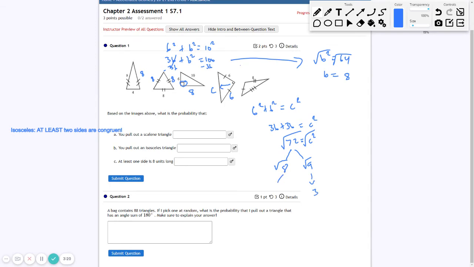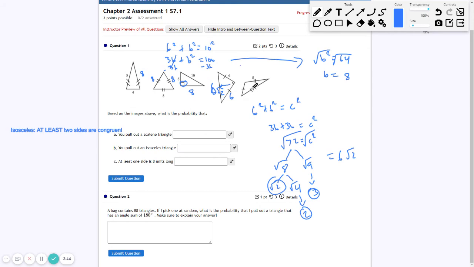For 8, I can break it into 4 and 2. But the square root of 4 is 2. So once I multiply this, I know that 2 times 3 is 6. So to simplify this, it ends up being 6 square root 2. And so in this case, it's not c, it's 6 root 2.